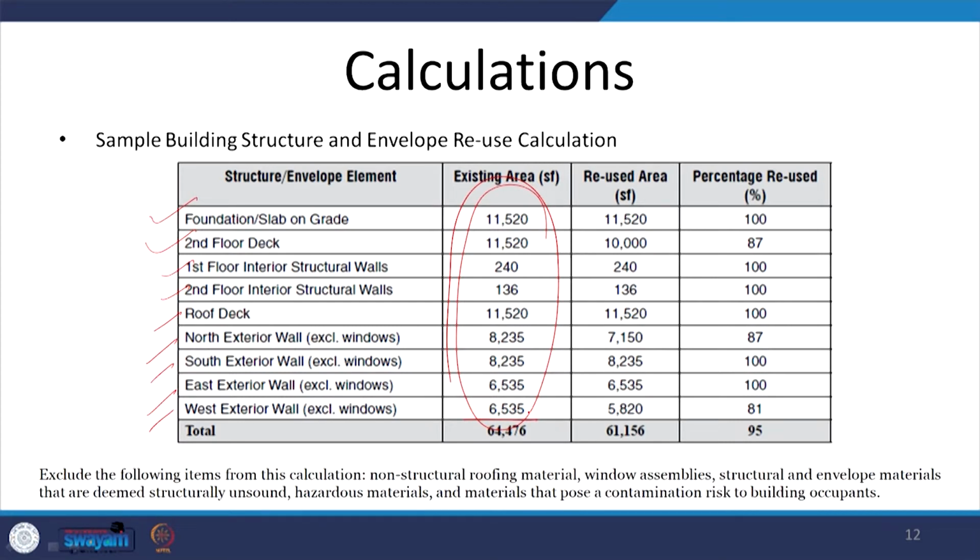We then calculate how much of this will be reused out of the existing ones, and we calculate the percentage. So, of the overall total existing structural components, how much of the area has been reused, and we calculate the percentage of it. For compliance, 50% of the structural elements have to be reused, and this kind of a calculation would show the compliance criteria being met.